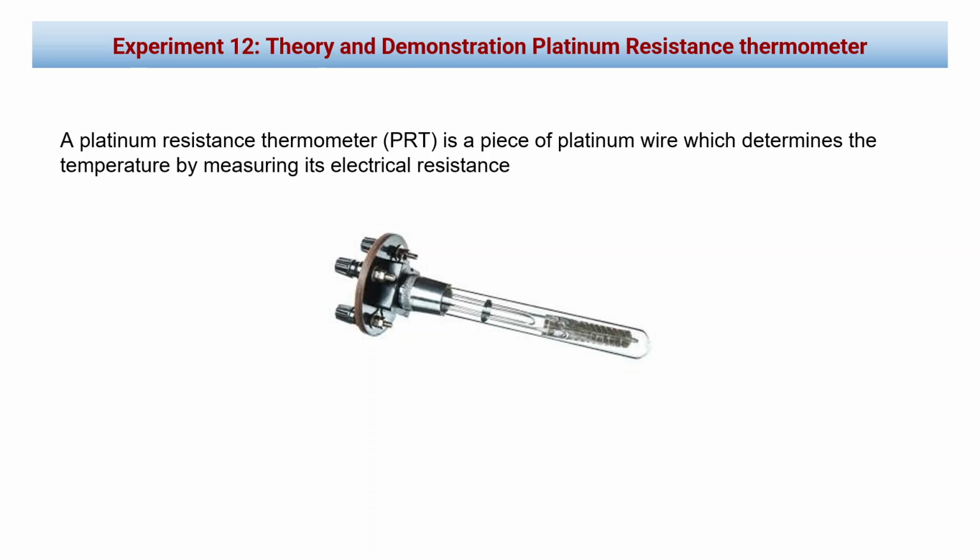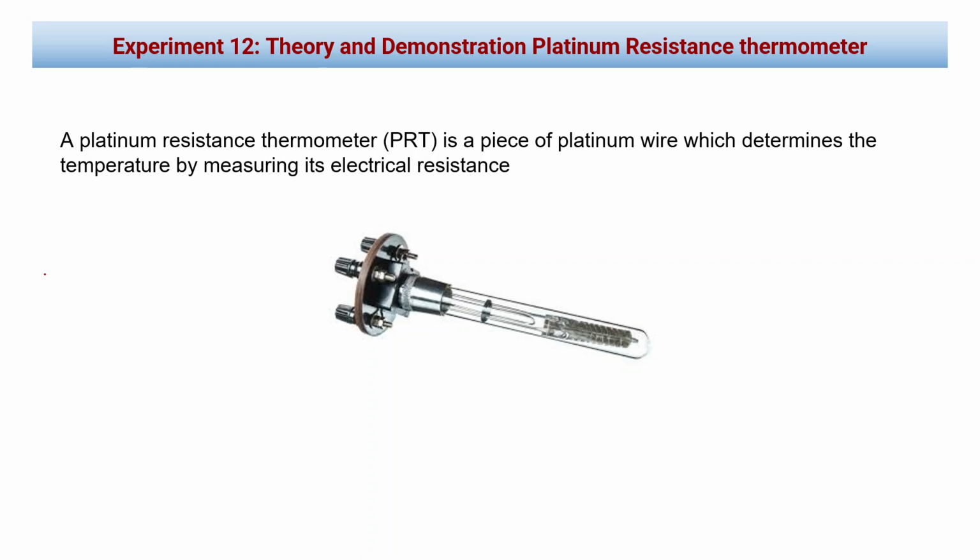Just now we understood there is something known as a thermocouple also, which is also a kind of thermometer, but it works on the basis of the thermoelectric effect. There is another kind of thermometer, the platinum resistance thermometer, which is a piece of platinum wire which determines the temperature by measuring its electrical resistance.